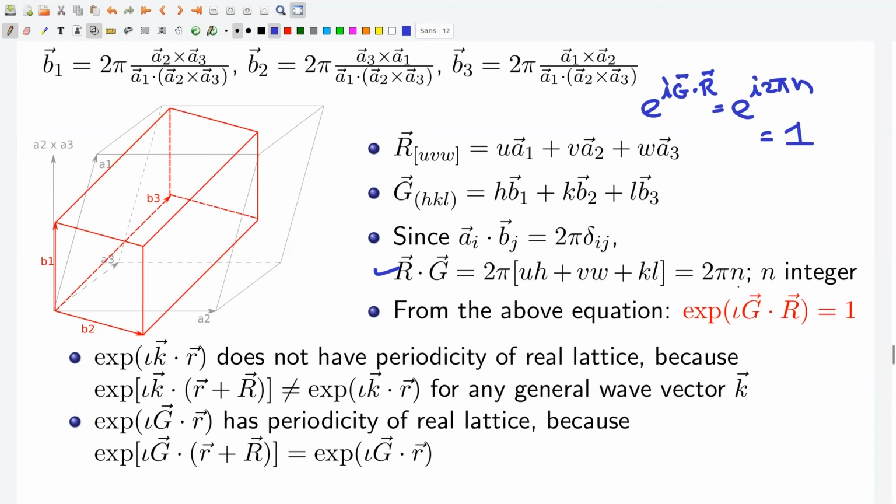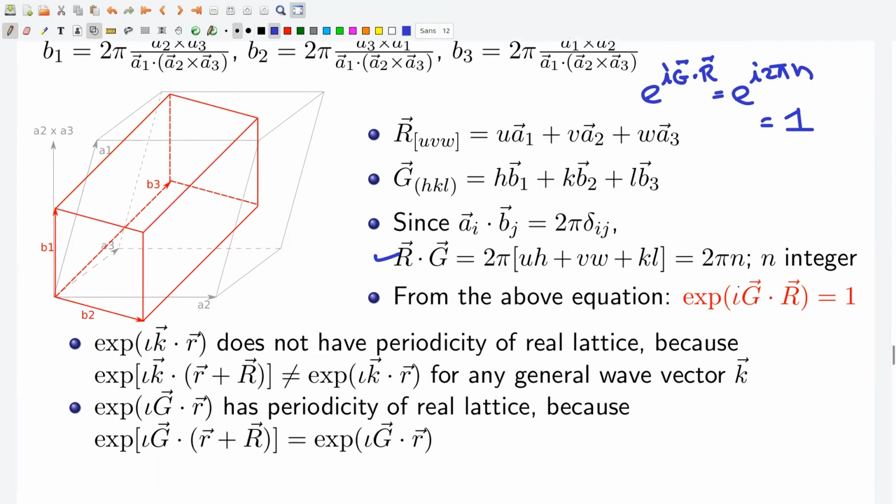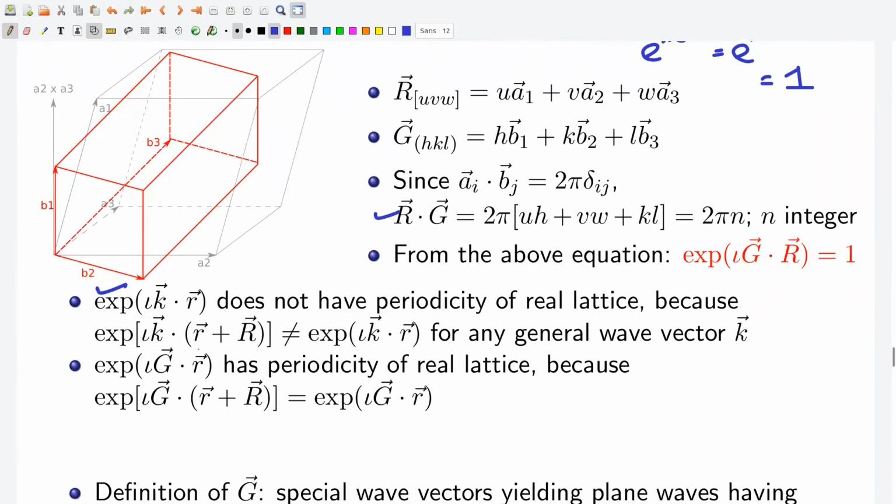Now let us take some plane wave e to the power i k dot r. Let us examine whether this has the periodicity of the real lattice.